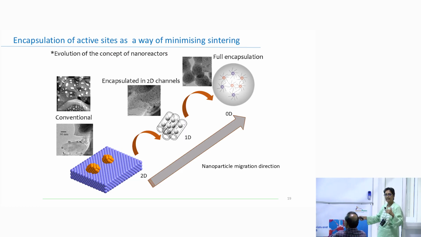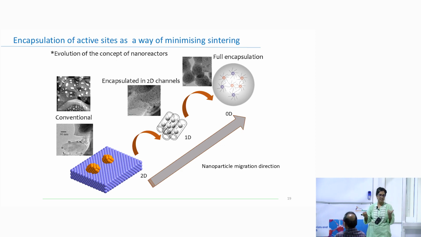And what we thought is, let us now reduce the freedom of movement of these things, kind of encapsulate them. First we encapsulated them in 1-dimensional channels of SBA15. I think you may have heard of the mesoporous channels and all that. So we put that in channels of this sort. Then we also realized that at very high temperatures like 800, 700, the channels are also not very stable.